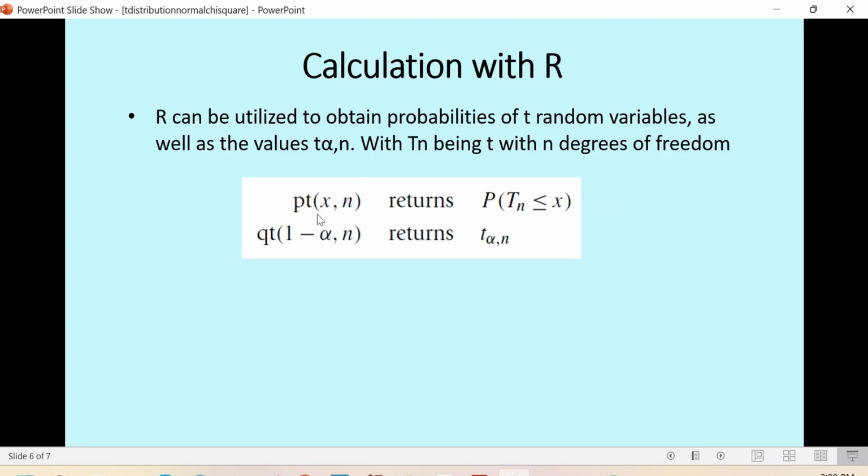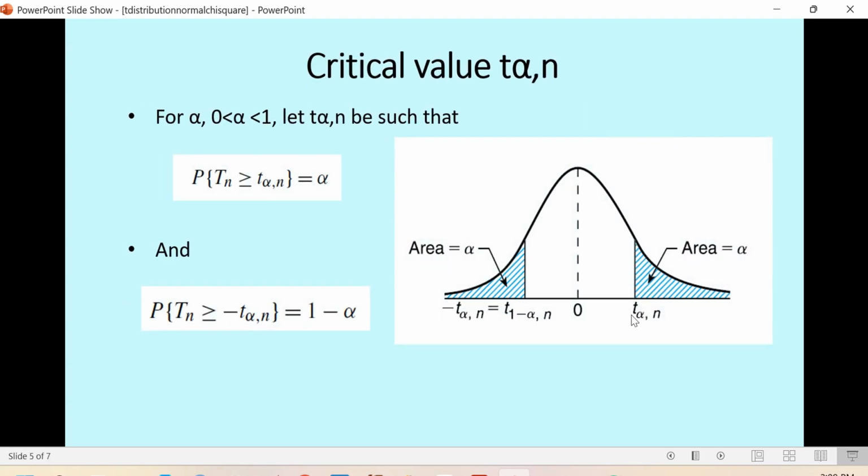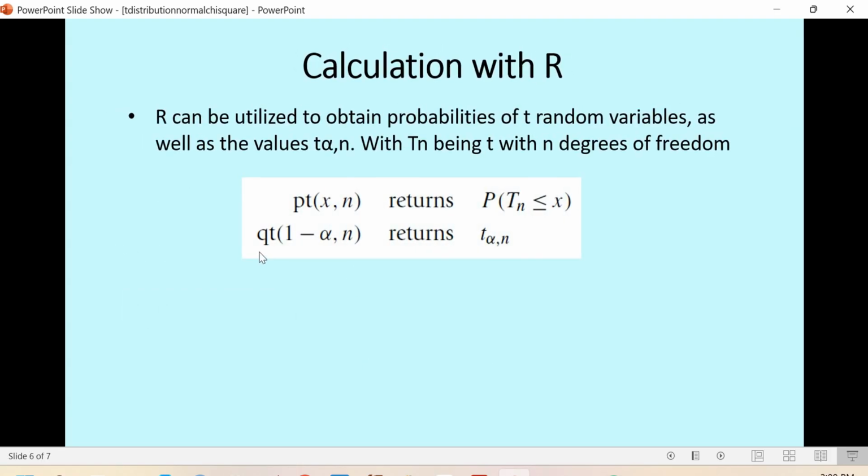So pt(x, n) will get this area from the lowest value up to this quantile or critical value. And if we use the quantile function qt(1 minus alpha, n), where n is the degrees of freedom and 1 minus alpha is the cumulative probability, it will return the critical value t alpha n.